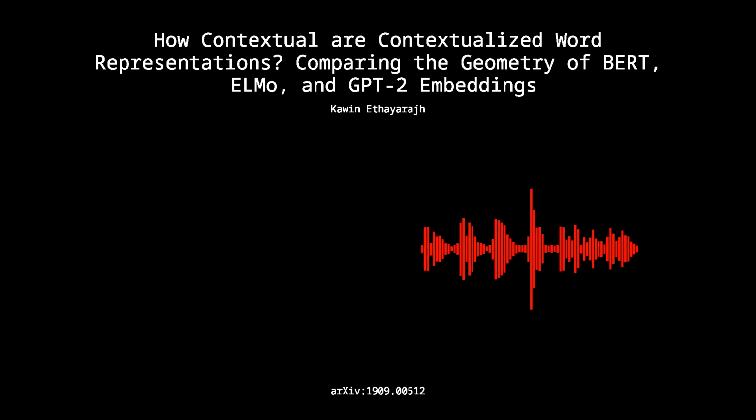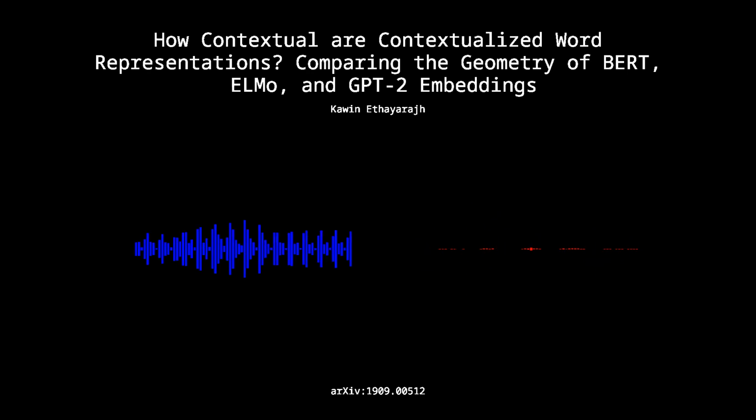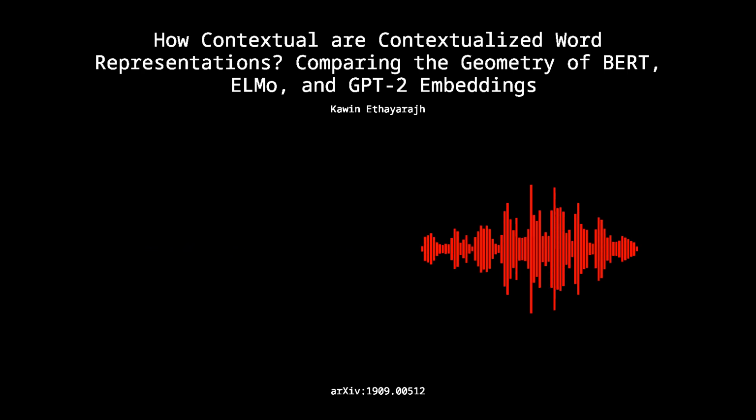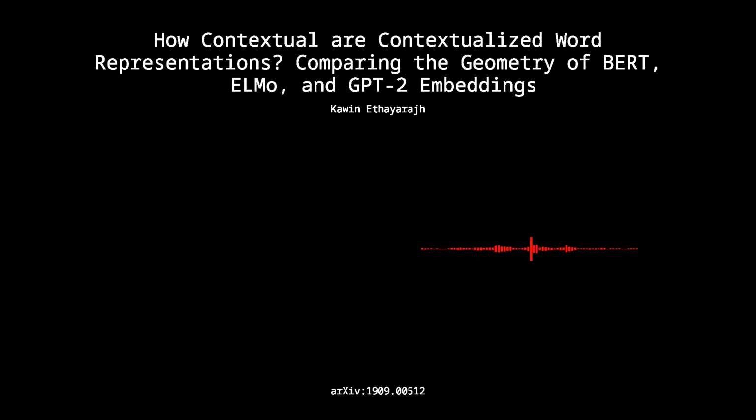Using SemEval is highly deliberate, because the dataset contains instances where the exact same lexical token appears in wildly different semantic and syntactic contexts. Like, a model might see the word dog in the sentence, a panda dog is running, and then encounter it again in, a dog is trying to get bacon. Exactly. The goal is to see exactly where those two dog vectors end up in the latent space.